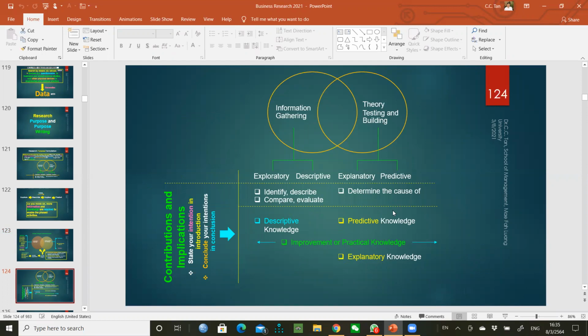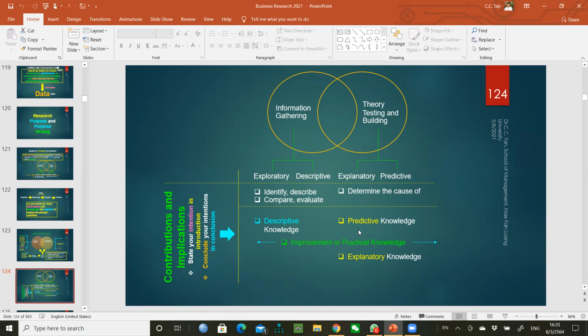Depending on whether you're on the information side, the theory side, or a combination, you get a lot of knowledge, starting from descriptive knowledge to predictive and explanatory knowledge. In between, you can exploit them for practical improvement of your organizational and management practices, your ISO 9001 operations, and productivity improvement.